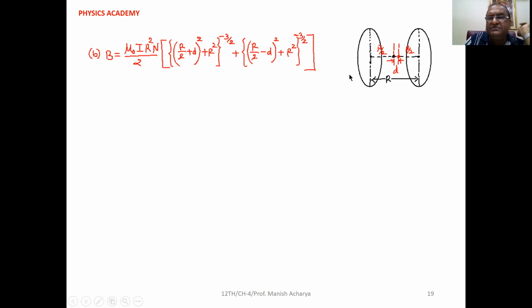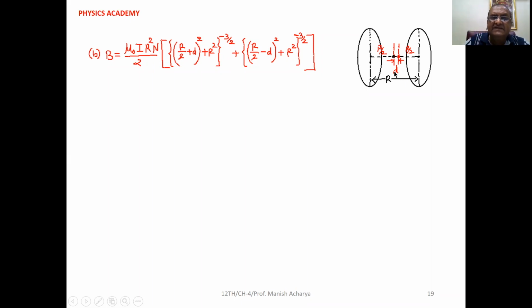Now see, here midpoint means from each coil it is at distance r by 2. And now we have to consider another point which should be very close to this midpoint. So consider another point at a distance d from the midpoint as shown in the figure.